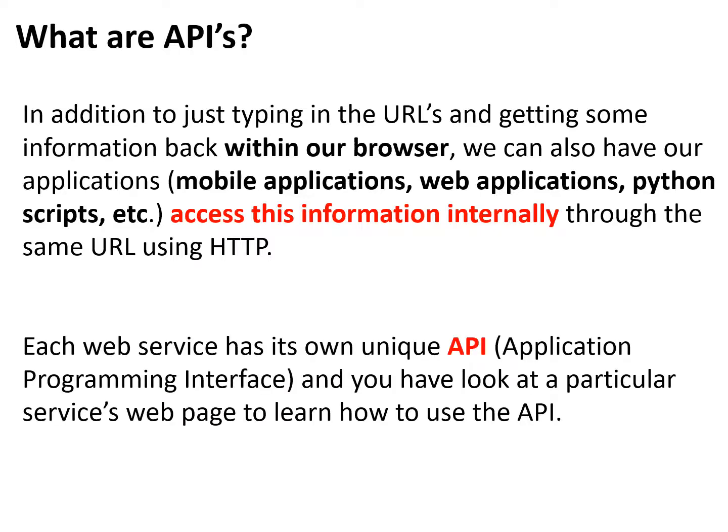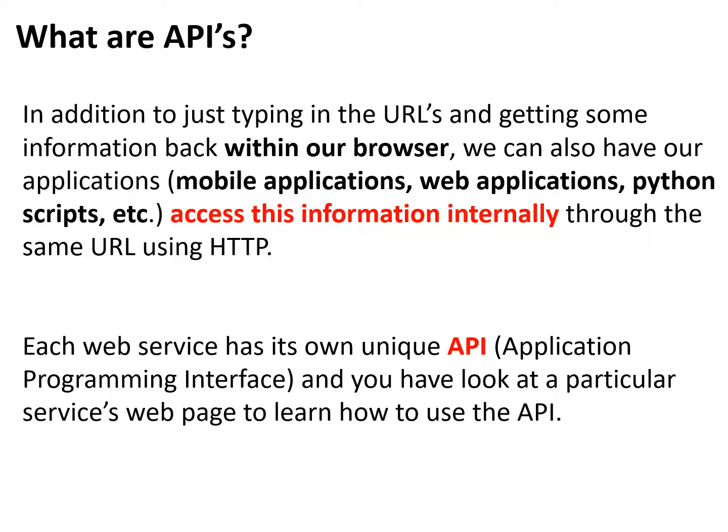In order to do that, we need to know exactly what the URL should look like and any other commands, just information that we need to know about how to type in this URL and how to work with this web service. That's where an API comes in, Application Programming Interface. Each web service has its own application programming interface.